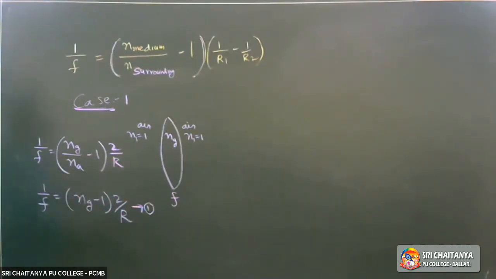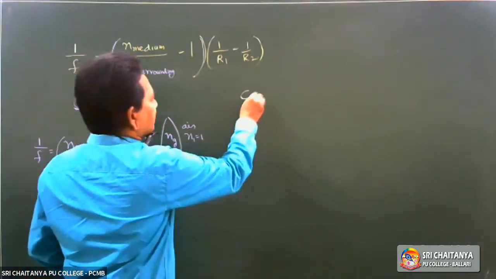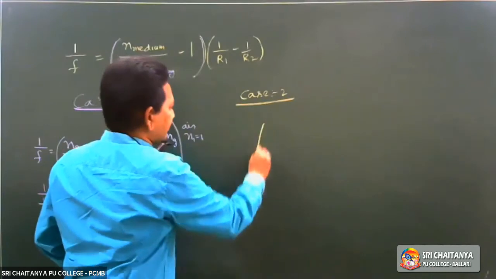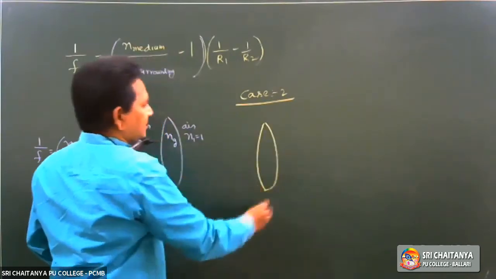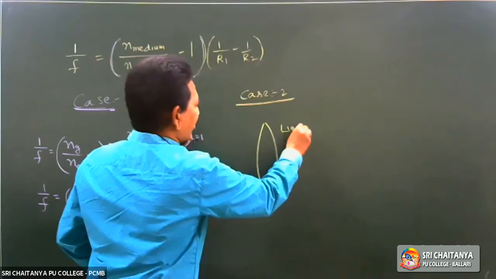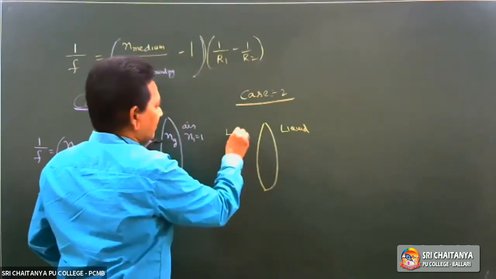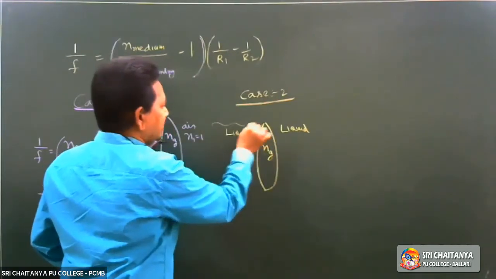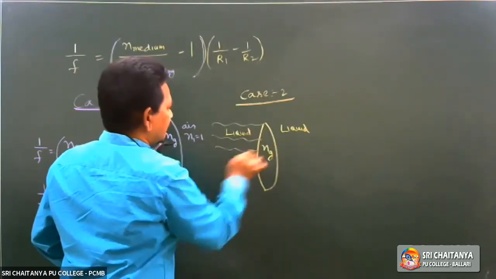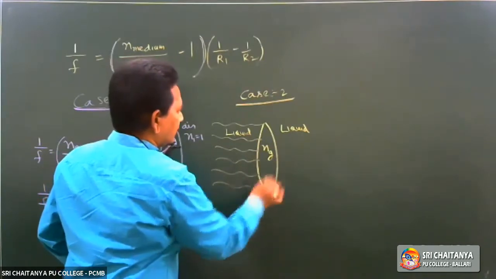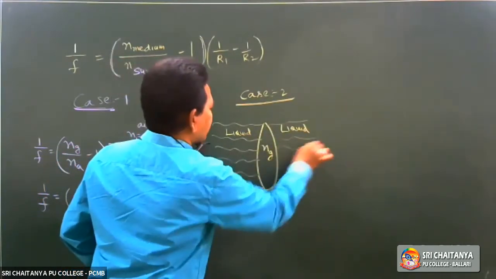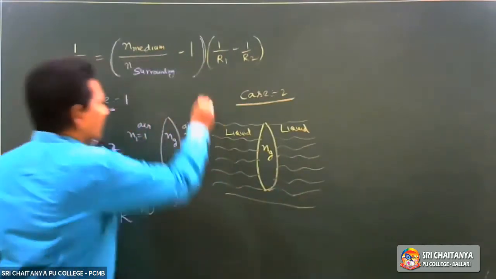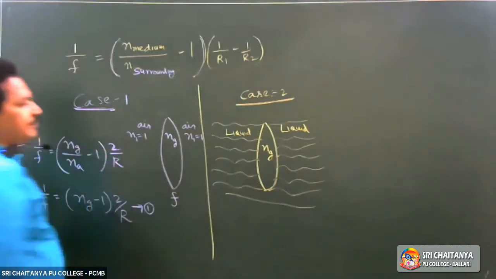Now the same convex lens is dipped inside a liquid. This is made of glass, Ng. Now we want the focal length of the lens. Case 2.